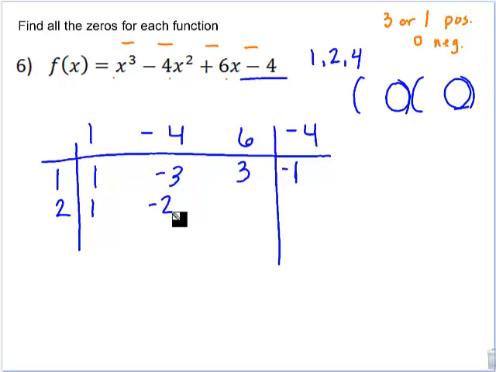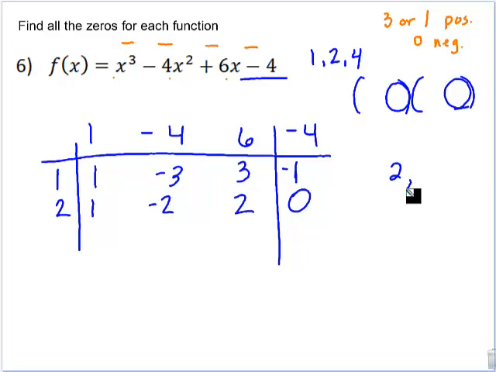Now we have to take 2 times negative 2, and we get negative 4. We want to add that to our 6, which is 2. 2 times 2 is positive 4. We want to add that to our negative 4, and we get 0. So what does that tell us about 2? It works. That's one of our solutions. So one of our solutions over here is 2.